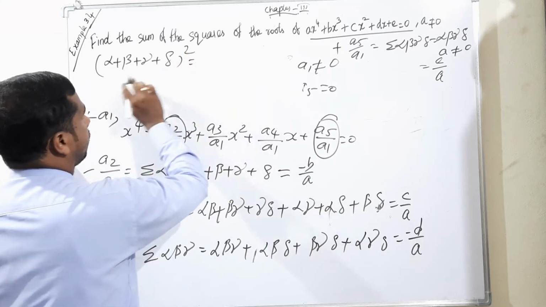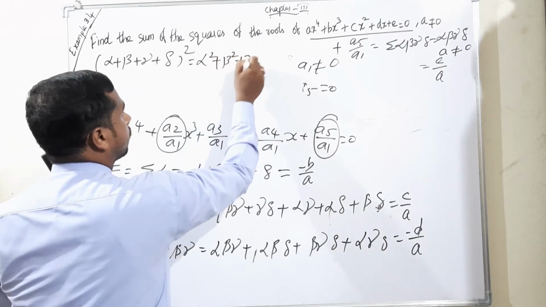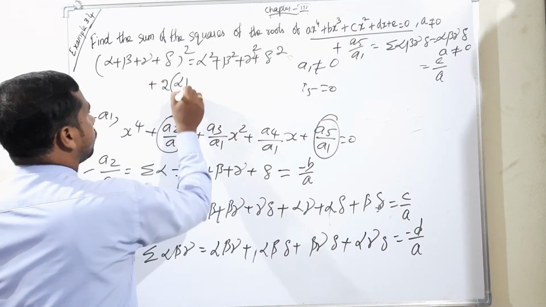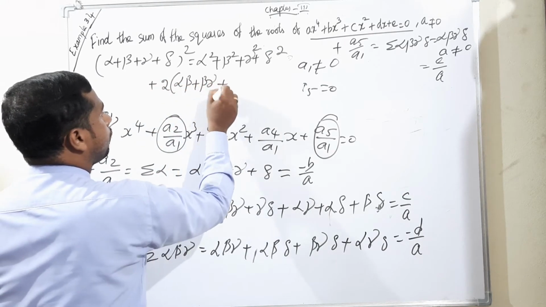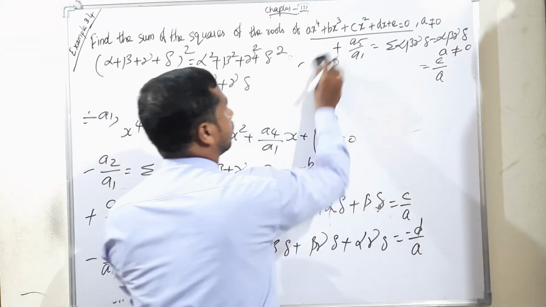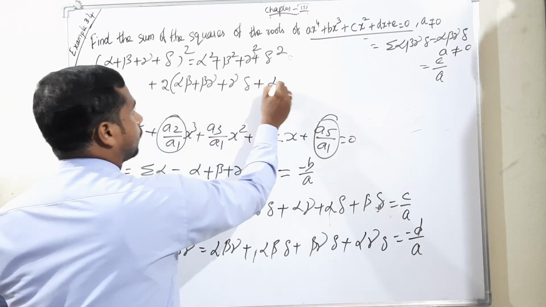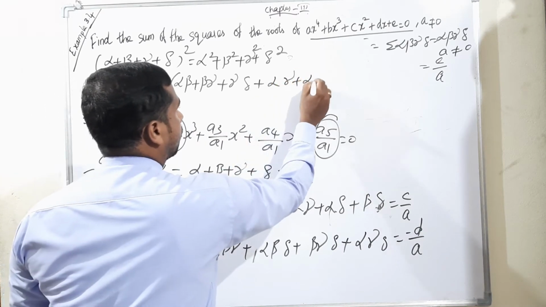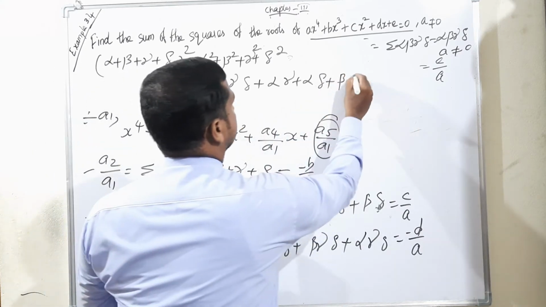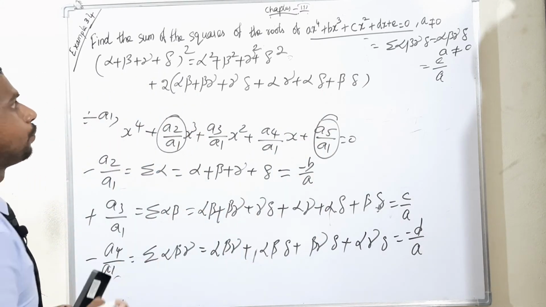What is the formula? (a plus b plus c plus d) the whole square means alpha square plus beta square plus gamma square plus delta square plus two times alpha beta, beta gamma, gamma delta, alpha gamma, alpha delta, and beta delta. That is six terms: 1, 2, 3, 4, 5 and 6.